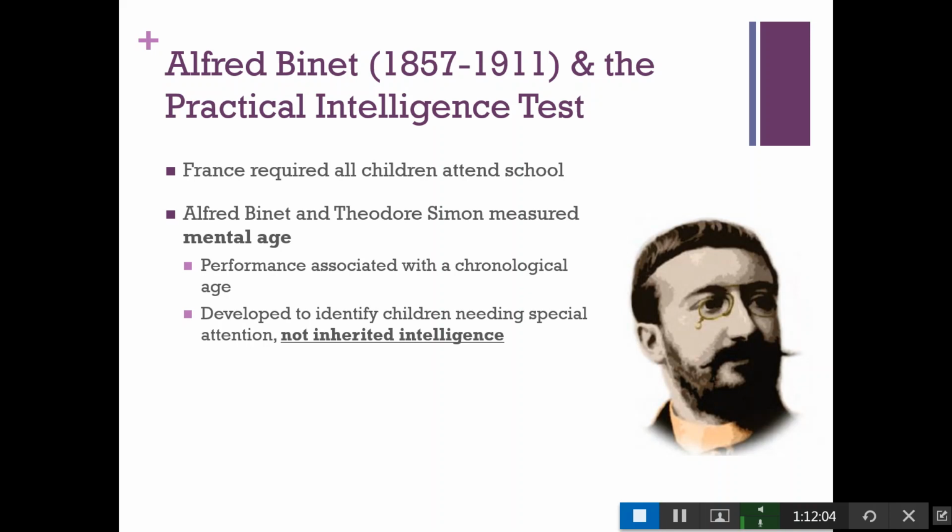Chronological versus mental age, right? And so this was only to identify, okay, well, if this person's 18 but they're reading at a 3rd grade level, then we need to really give them some extra help to help them pass, or they might have to spend a few extra years in school to get them to the point where they need to be, when we think of what skill level people should be at when they're 18.